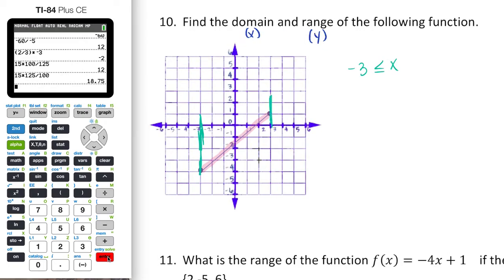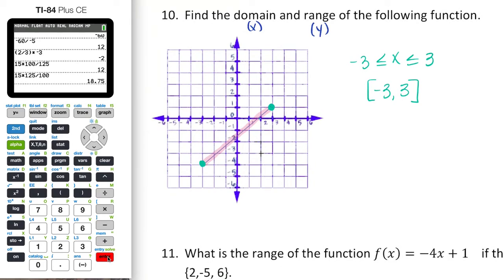And our largest x value is at +3. Okay, so x is between -3 and 3. Another way to write that, if you look at our dots, we do have closed dots on the end. So that means we have hard brackets, and we're going to have -3 and +3. So that is our domain.